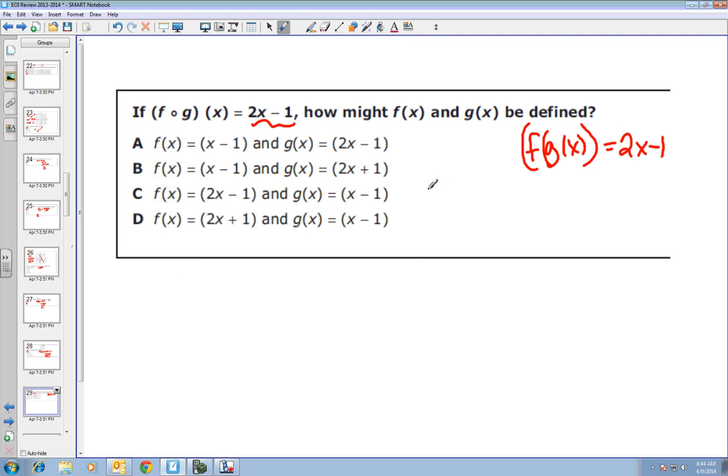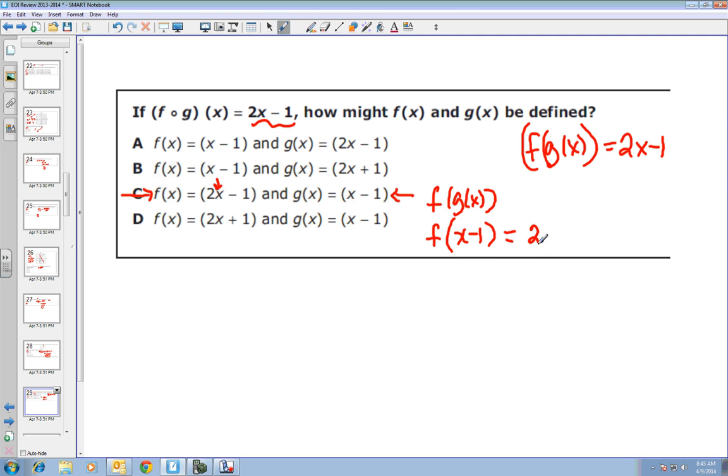All right, so if I'm finding f of g of x, I would write down my f, and instead of g of x, I'm writing down what g of x is, x minus 1. Now I'm going to go to my f equation, and in place of this x, I'm putting x minus 1.